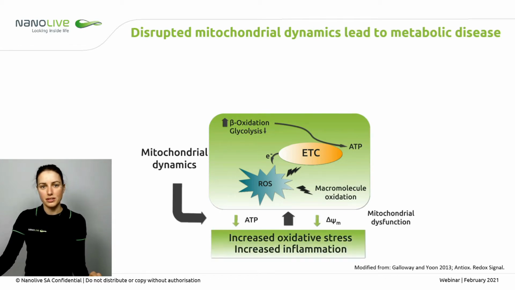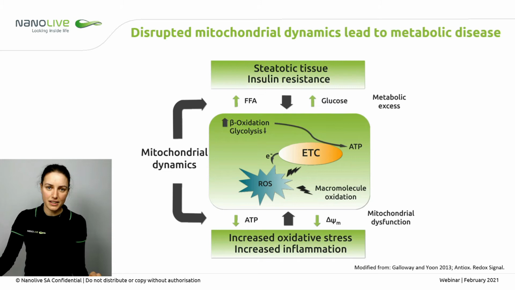Mitochondrial dysfunction, the overproduction of reactive oxygen species and the reduction of ATP levels, has been linked to type 2 diabetes, neurodegenerative diseases, and some cancers, whilst dysfunction in metabolic excess can lead to non-alcoholic fatty liver disease and insulin resistance. The commonality of mitochondria to so many different pathologies makes them an attractive therapeutic target for drugs.